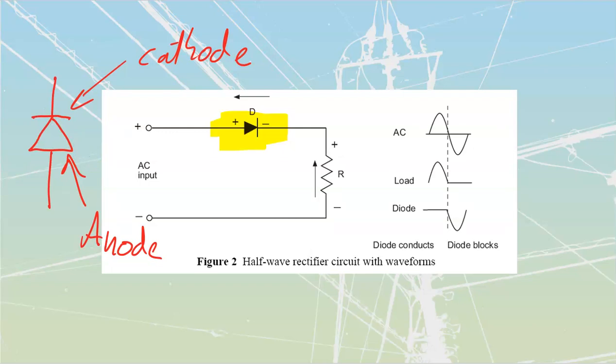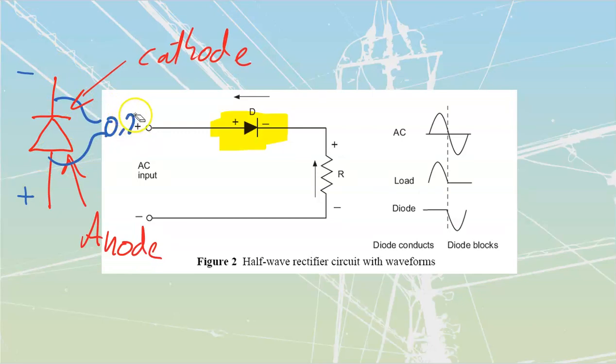My anode and my cathode have polarities assigned to them. If I place a positive on the anode and a negative on my cathode, I go into what's called forward bias. Forward bias means that this thing is going to pass voltage through, except for 0.7 of a volt. It always has to maintain this 0.7 of a volt over top of it when it's in conduction, and that's just the operational characteristic.